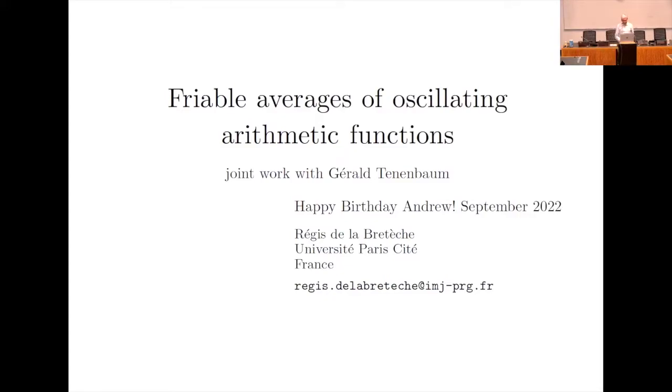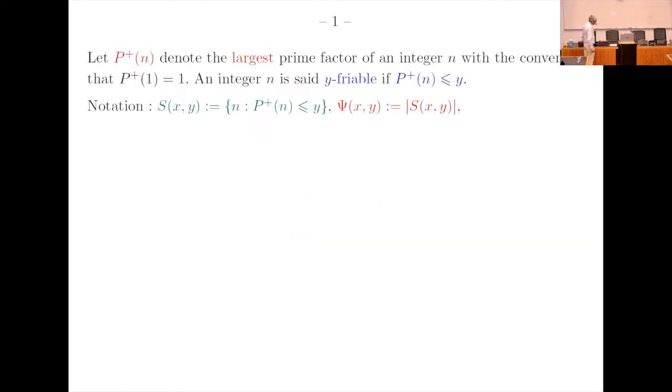Okay. So I will speak about friable integers. It was the subject of our first paper. I will write P plus of n or P of n, it depends, to denote the largest prime factor of the integer n.